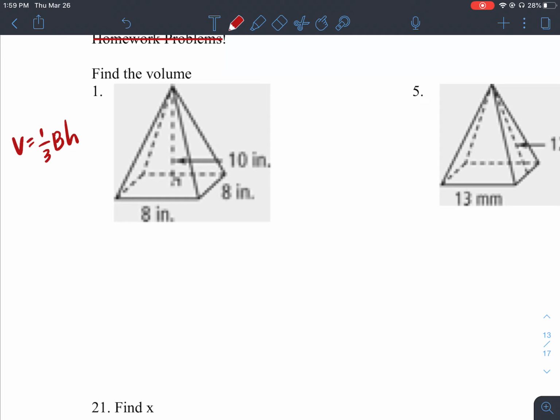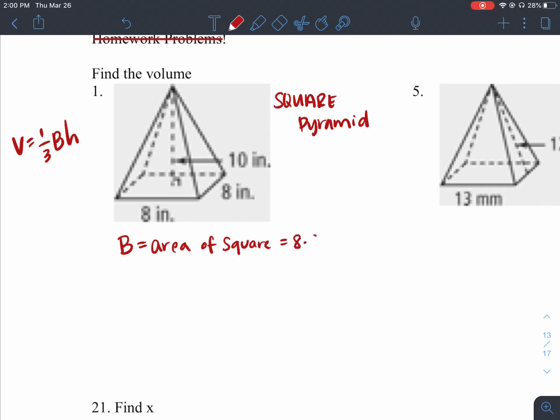Looking at this, my base shape, if I were to actually name this pyramid, it's not just a pyramid, this is actually a square pyramid because the base is that 8 by 8 square. So capital B is the area of the square.